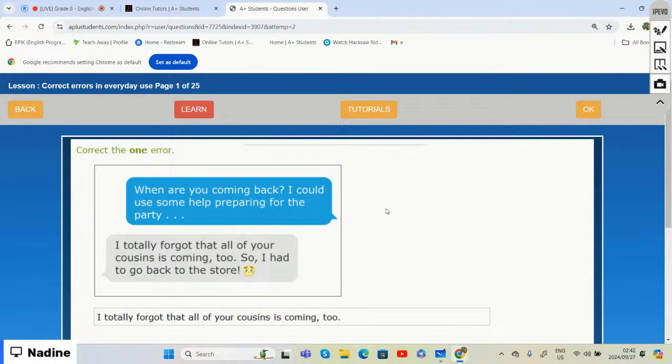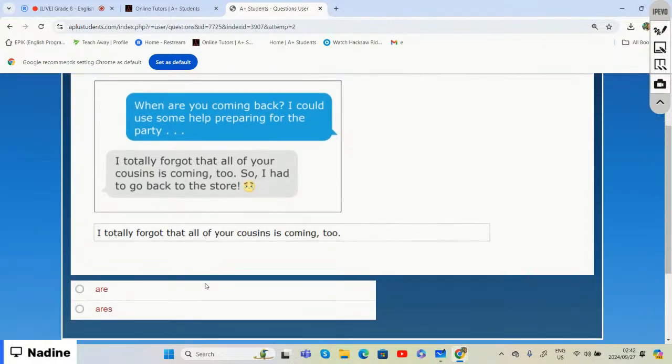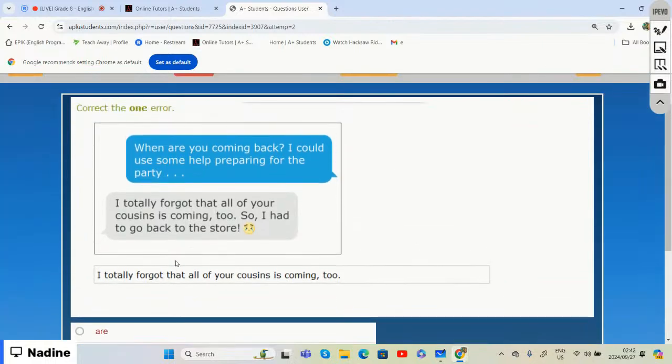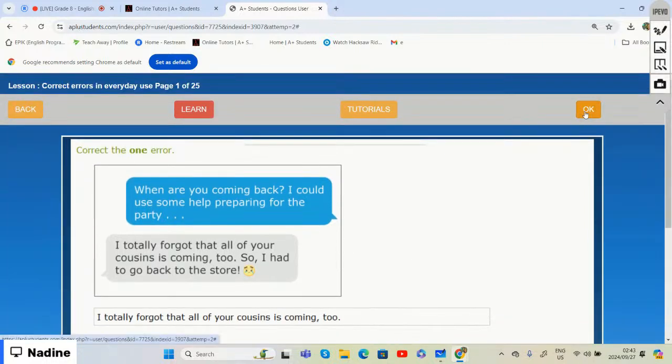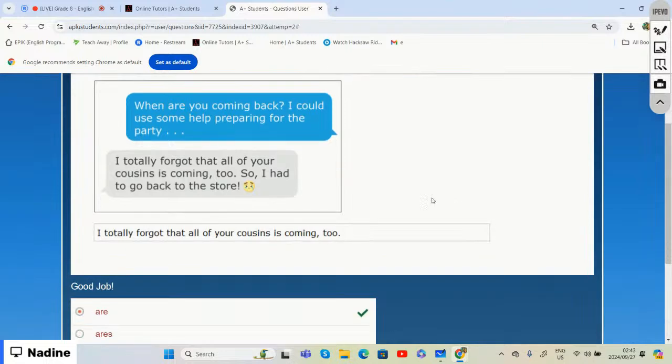Exactly. Well done. So it is meant to be "are." Because we don't say "my cousins is." If you make mention of more than one cousin, then you say "are." If you only say one cousin, then you say "your cousin is." But if you say more than one, then you say "are." So option one is "are." Well done.